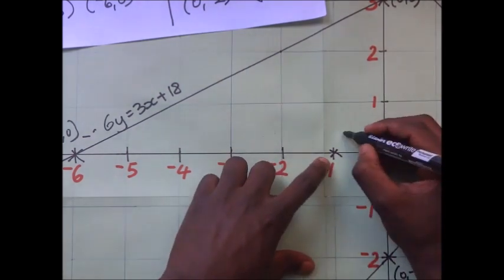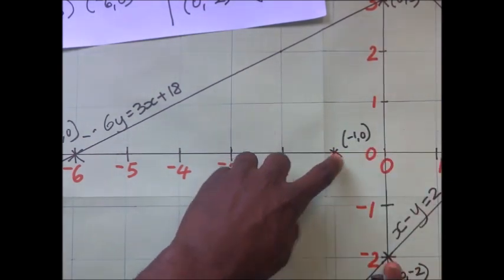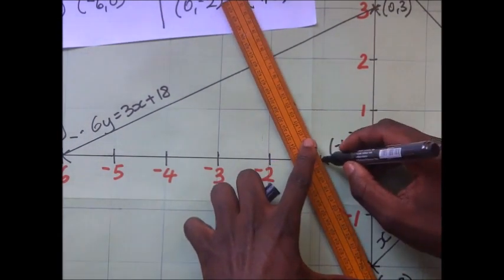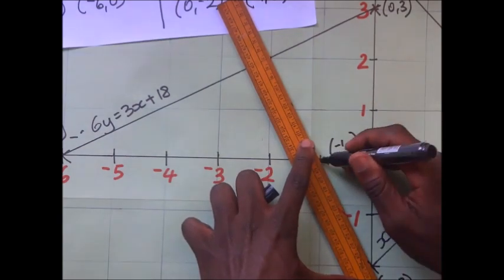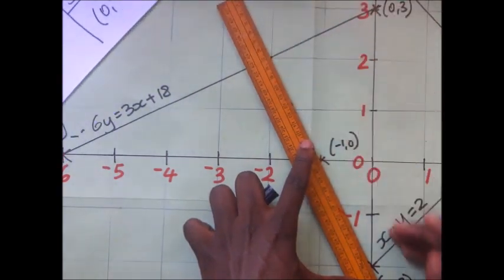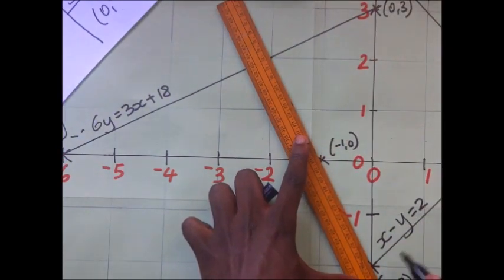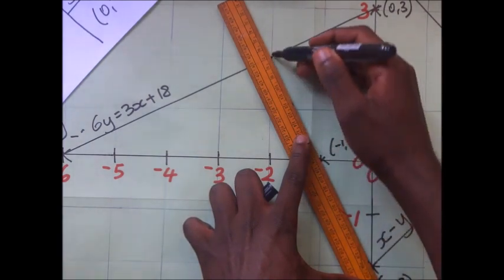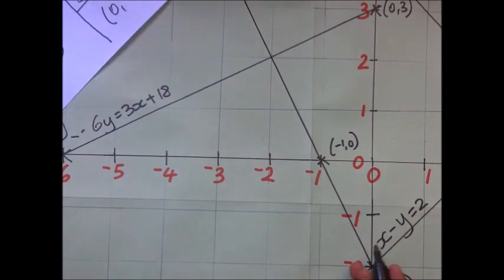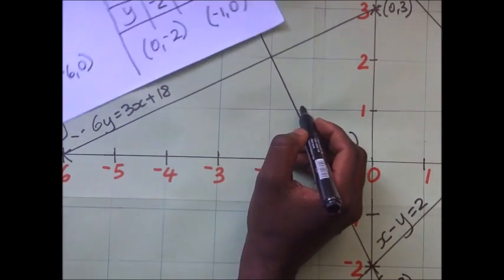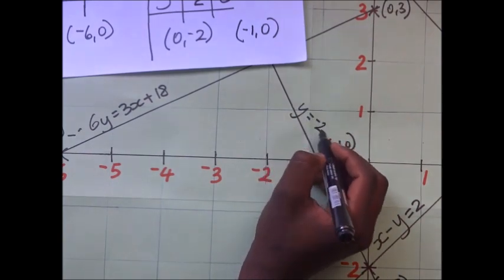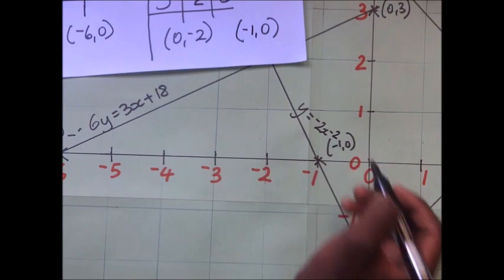So when we connect these two points, this is what we have. So this is line y is equal to negative 2x minus 2. That's the line.